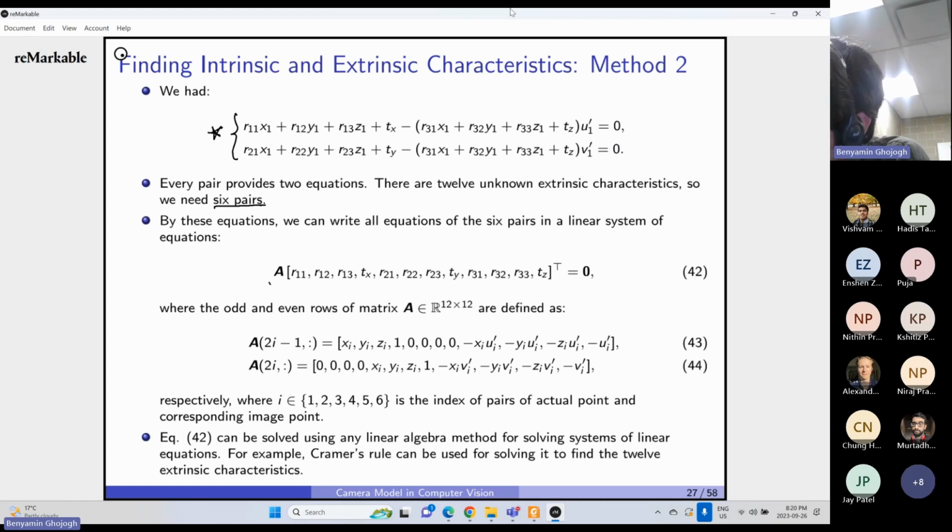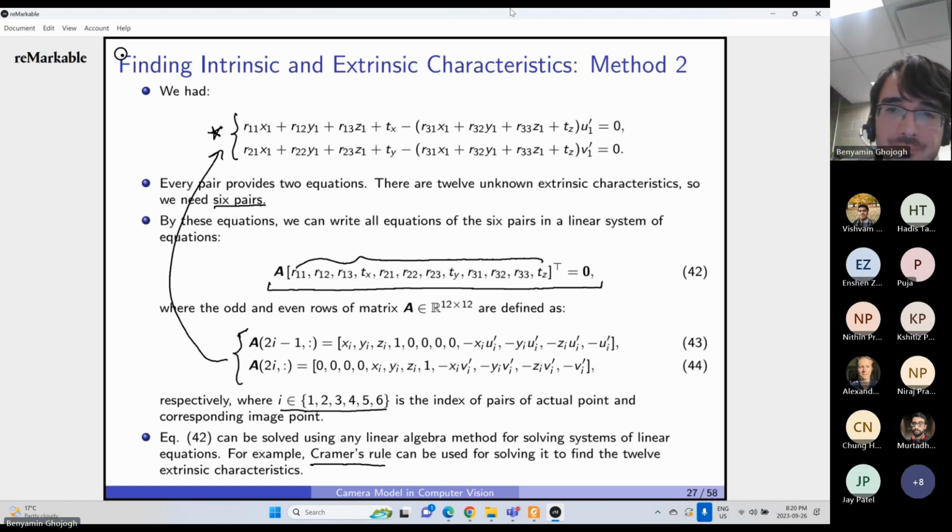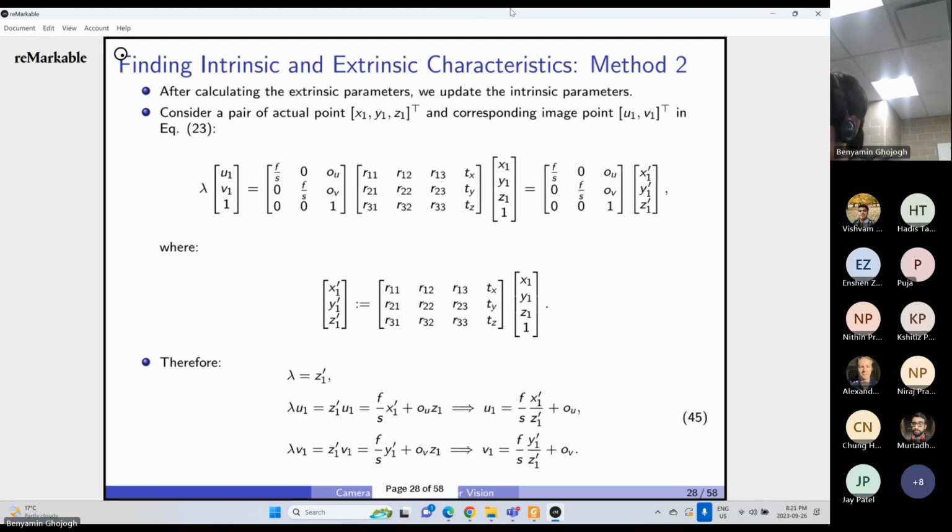So again, I can have a system of linear equations where the unknowns are rotation values and translation values, and the odd and even rows of A are found based on this. I goes from 1 to 6, and then I can solve it using Cramer's rule, right? Agreed? Any questions so far? Is everything clear?